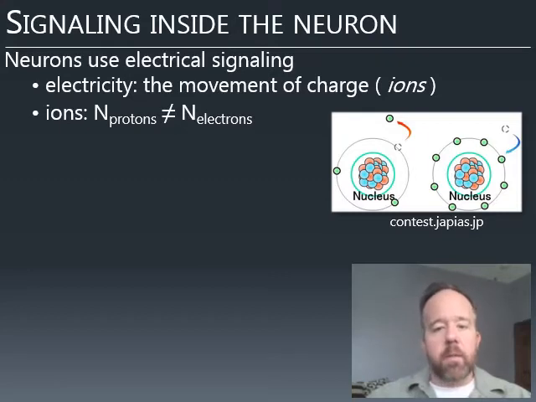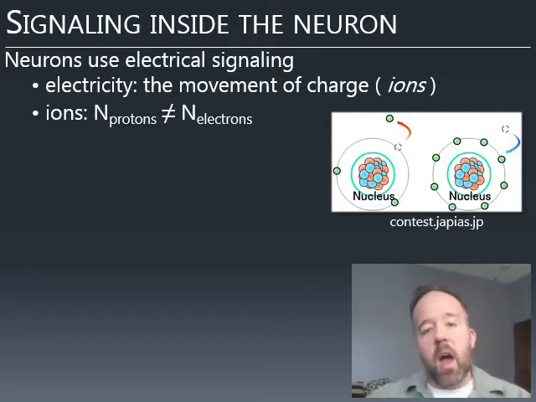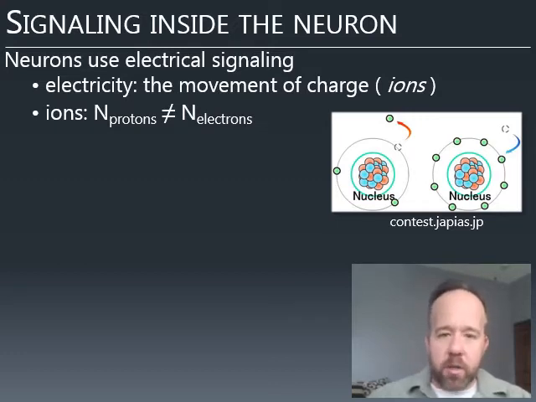And so if the number of protons is balanced by electrons, then you have a neutral charge. It's not an ion, it's just an atom. However, if the atom gains an electron, it now has more negative charge than positive. If it loses an electron, it has more positive charge than negative. And then it's an ion. It carries an electrical charge. And that's the sort of atom that we care about, and it's the sort of atom that neurons use for their electrical signals.